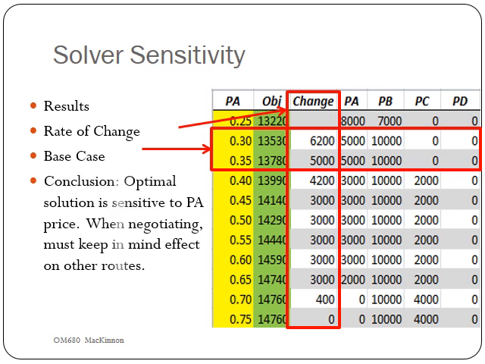So this can be important. The optimal solution is sensitive to the PA price, so it seems to be a point worth negotiating. But keep in mind that when you change the PA price, it affects the other routes. It doesn't just affect what you send through PA.